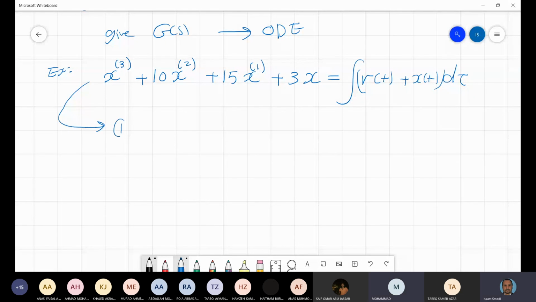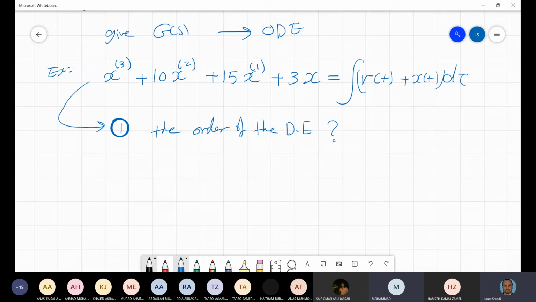The first question: the order of the differential equation is what? What order does this differential equation have? 3. One more time. 3. Who agrees? I expect 4. Why?